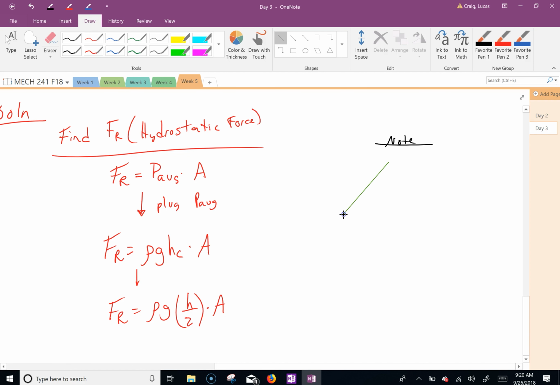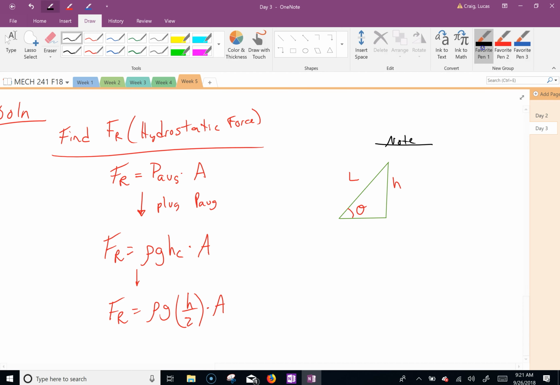So what I'm going to do is some trig over here. I'm going to call this L, this is H, and this is theta. Does everyone see that from your sketch? The height of the water, the length of the side of the incline.